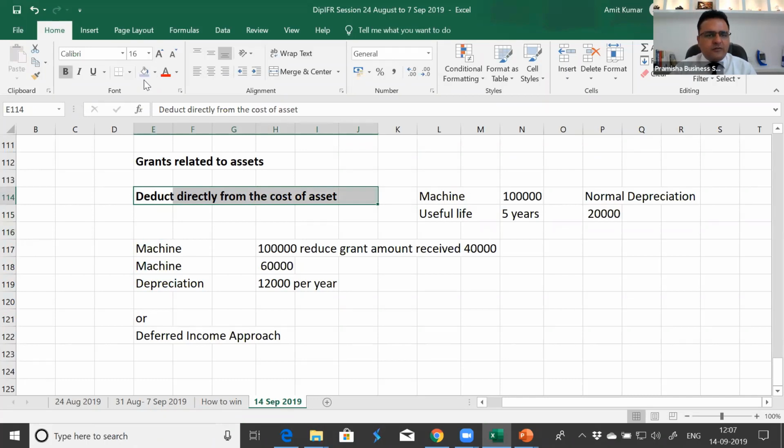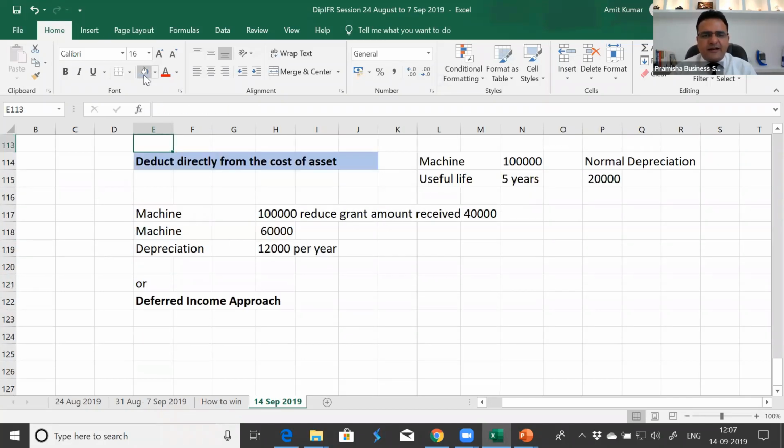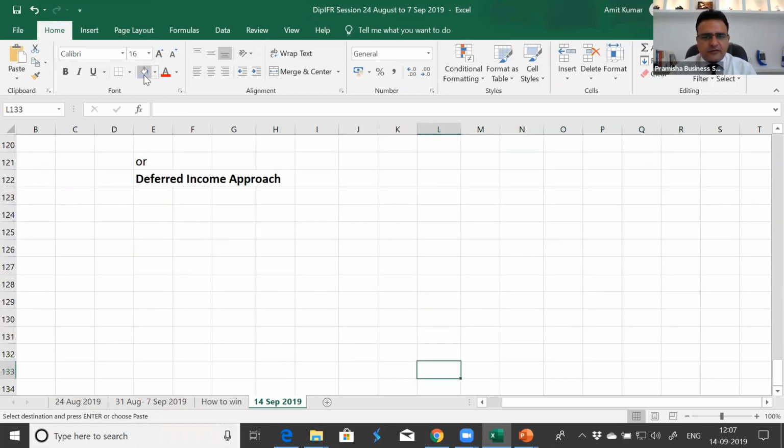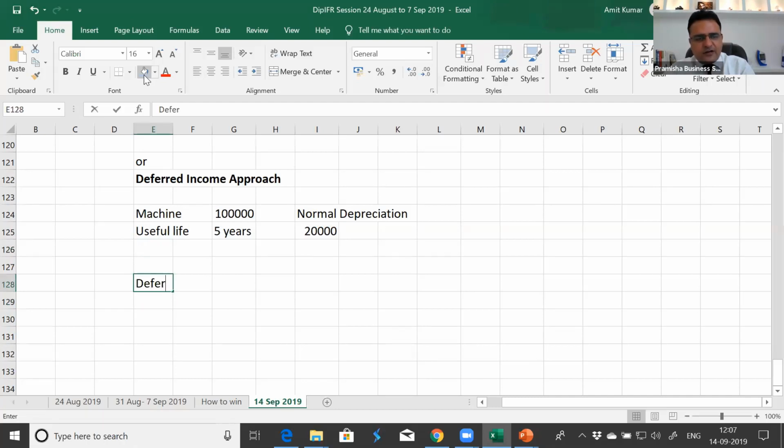We should use the deferred income approach. The deferred income approach says continue to record the asset at its value and charge normal depreciation. But on the liability side, create an account known as deferred income, 40,000.